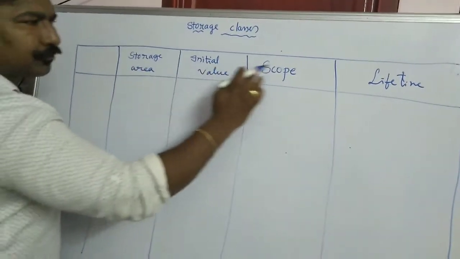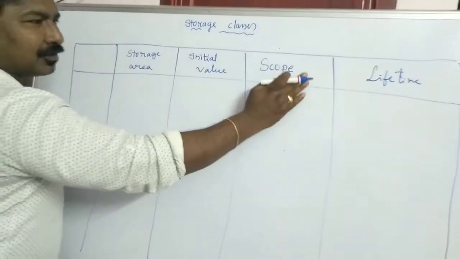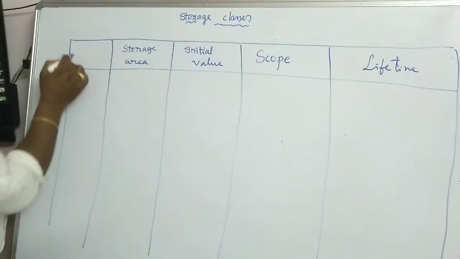Okay friends, so these are the four properties: storage area, initial value, scope and lifetime.